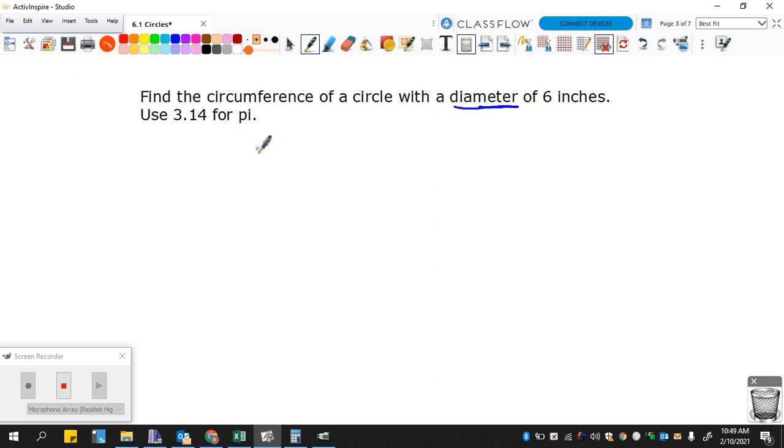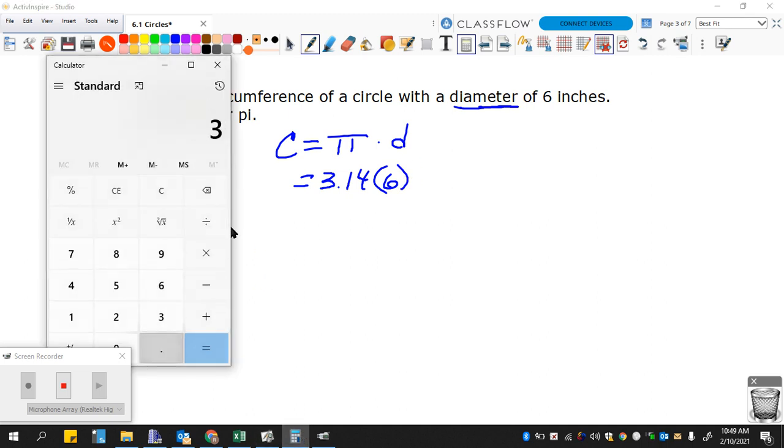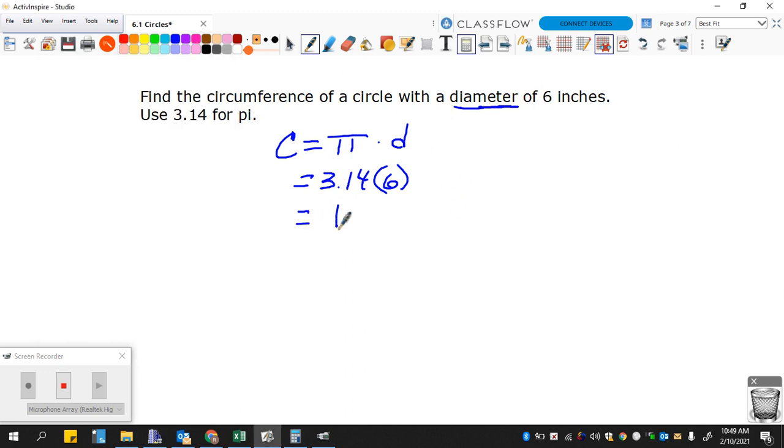So in this case, because we're given the diameter, we're going to say circumference is equal to pi times the diameter, which is 3.14 times, and I'm going to use parentheses, 3.14 times 6. So 3.14 times 6 is 18.84 inches.